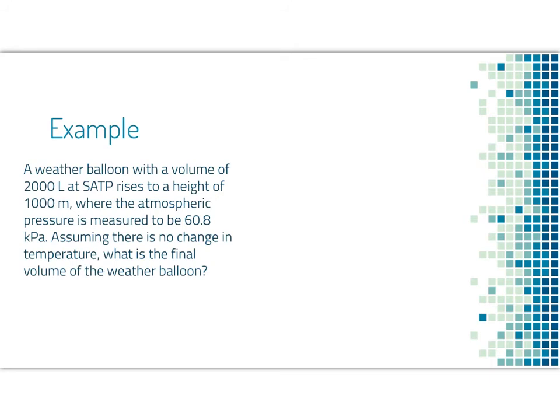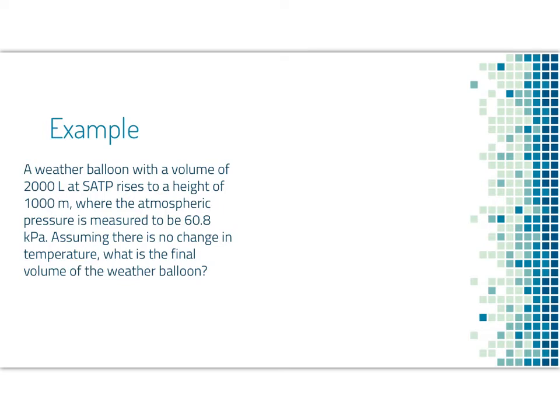So a few examples. A weather balloon with a volume of 2,000 liters at SATP rises to a height of 1,000 meters where the atmospheric pressure is measured to be 60.8 kPa. Assuming there is no change in temperature, what is the final volume of the weather balloon? So we are going to use, obviously, our Boyle's Law here.